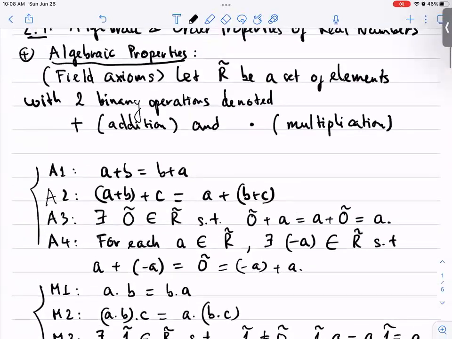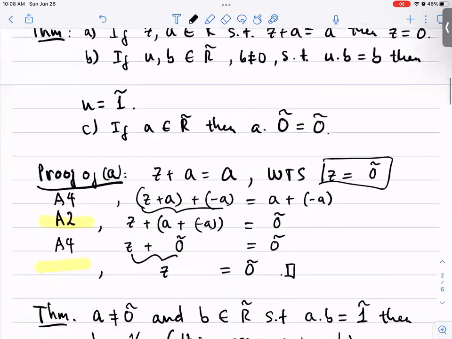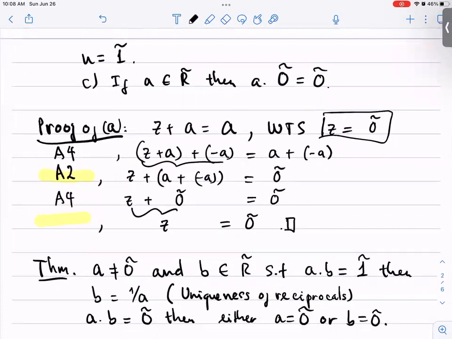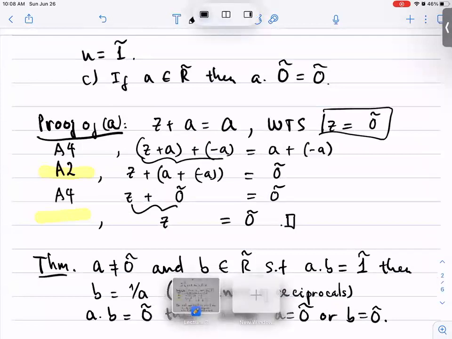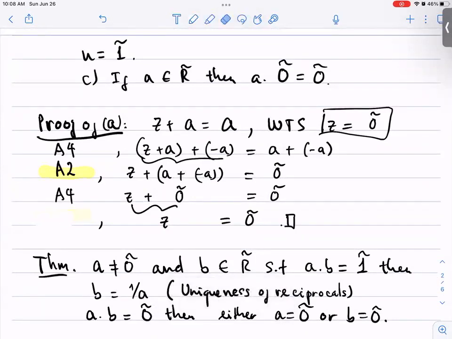Going back to the set of algebraic properties again, we see that by A3, the third axiom here, A plus the 0 element is always equal to A. That's why the left hand side of this equation is always equal to A. And the last equation here is exactly what we want to prove.